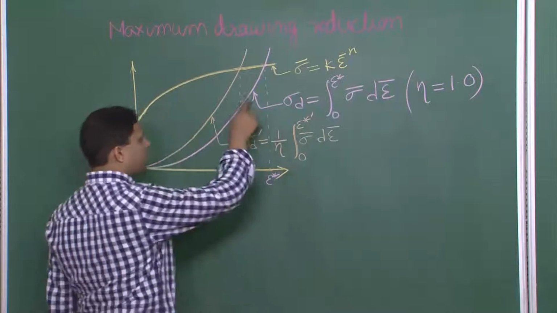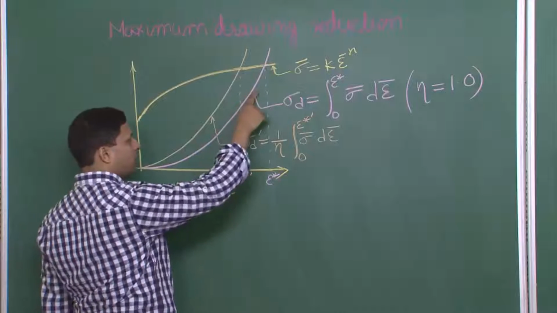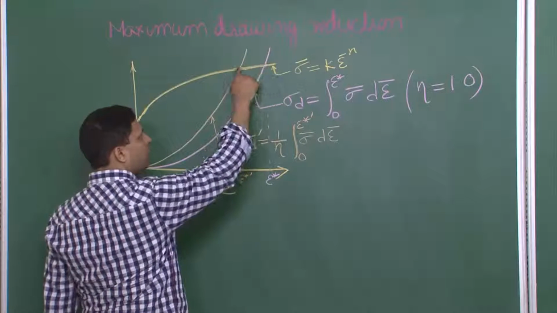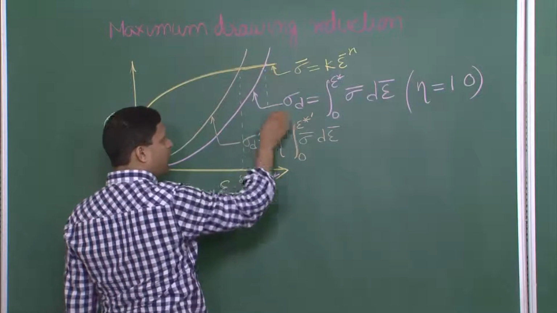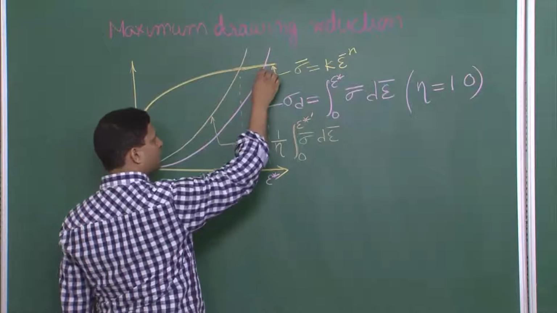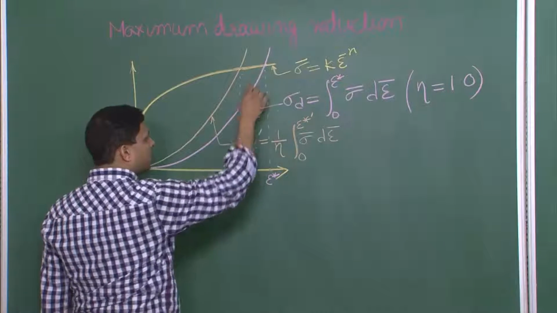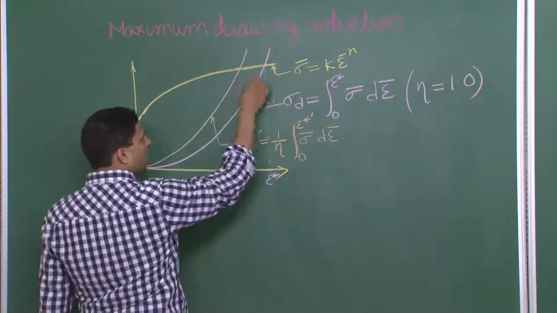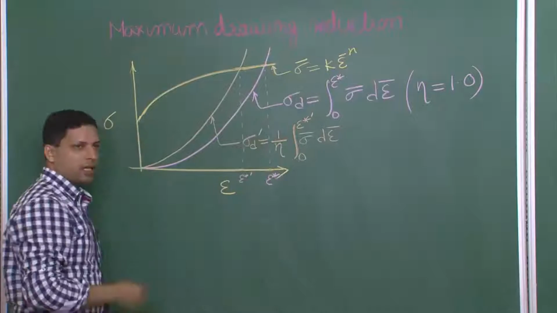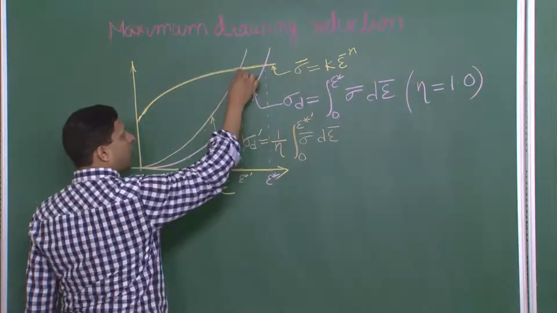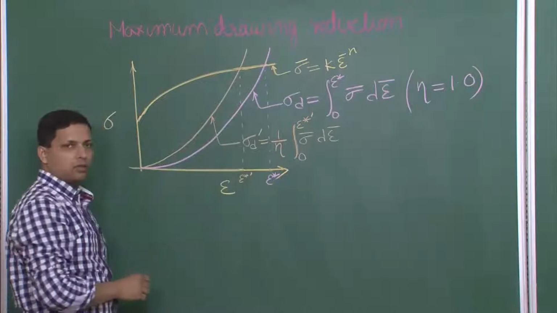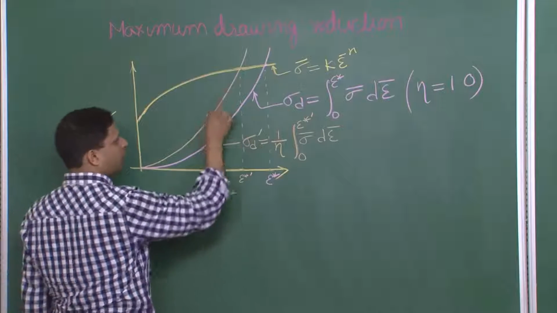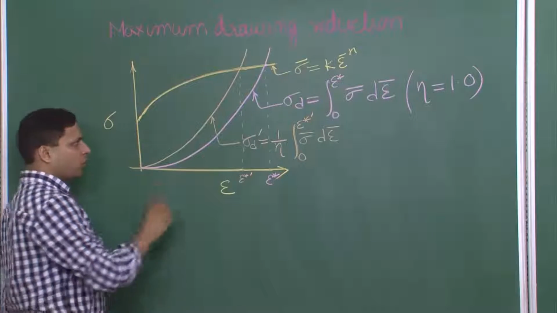So, you see that our strain should always be such that sigma d is below this value. So, if we had an efficiency of 1 in the system, then all the way up to this point the sigma d value is lower than the flow stress sigma bar, or even if we have efficiency less than 1, then we have another plot, and up to this strain value the sigma d prime remains below sigma bar. So, that is what we want.